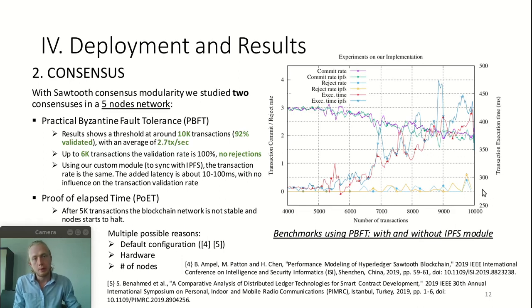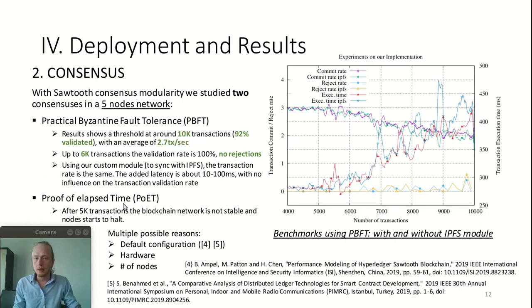But the execution time in the transaction processor is on average higher than without the IPFS module. We see an increase of 10 to 100 milliseconds in execution time in the transaction processor, but it still has no influence on the number of transactions validated, so the transaction validation rate.